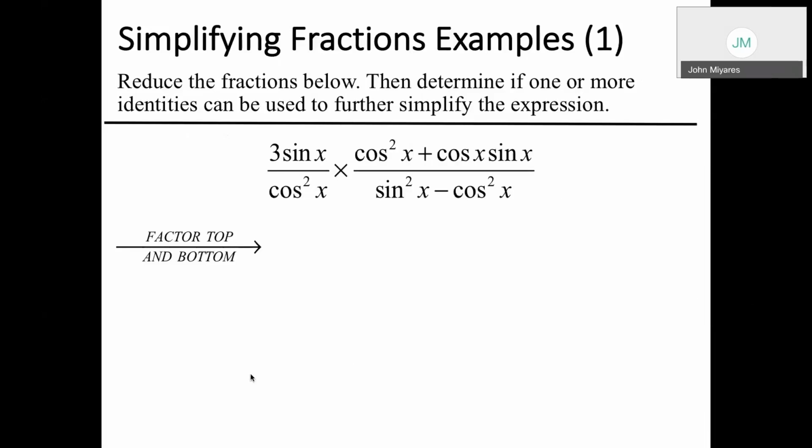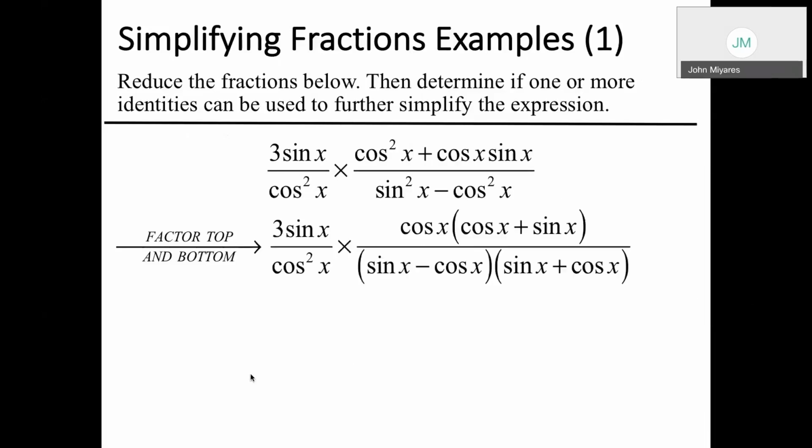Doing this will give us the cosine of x times the quantity cosine of x plus sine of x. In the denominator, I have the quantity sine of x minus cosine of x times the quantity sine of x plus cosine of x. This is all still being multiplied on the left, of course, by the 3 sine x over cosine squared x.